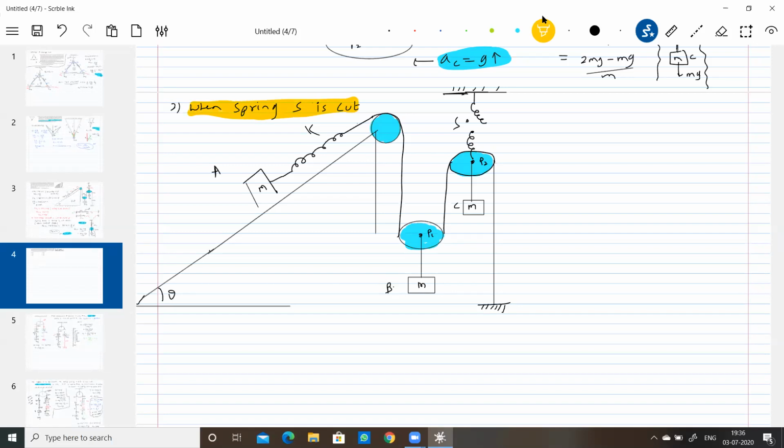The spring force kx2 that was acting here, no? The spring force kx2 vanishes. So here I'll write, no spring force.